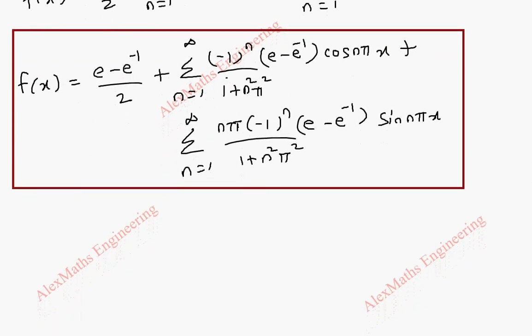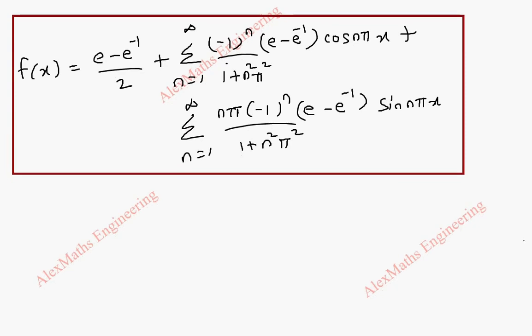Still some of the terms can be taken out common. e minus e power minus 1 we can take out as common. Now I write that outside, then I replace with sinh. So e minus e power minus 1 by 2, if I take common totally, here we have by 2, so 1 by 2 is remaining.